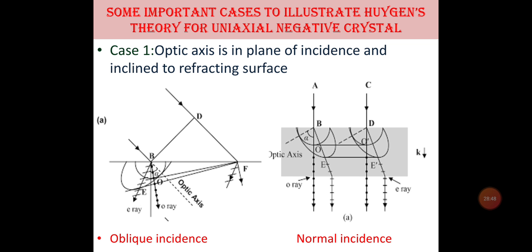What will happen in the case of normal incidence? When the wavefront meets all the points on the crystal, if we draw the two tangents OO dash and EE dash to the spherical and ellipsoid surfaces originating from B and D, where the incident wave strikes the crystal, then the plane through OO dash and EE dash, perpendicular to the incident surface, will represent the ordinary and extraordinary refracted wavefronts in the crystal, and BO and BE are the ordinary and extraordinary refracted rays.